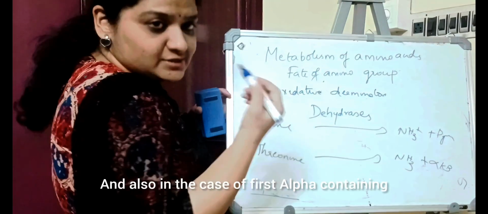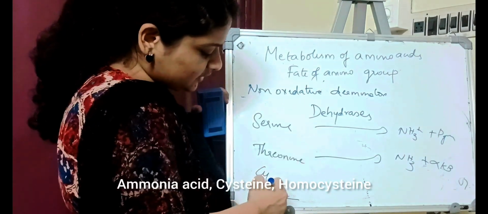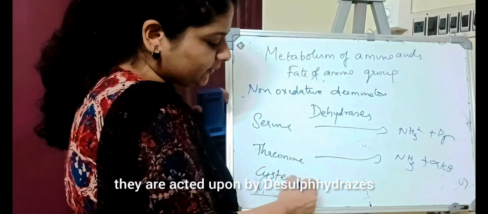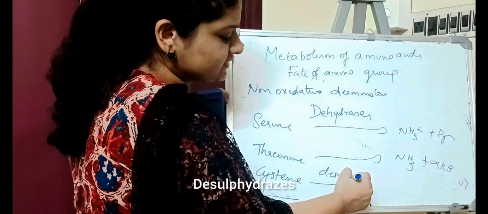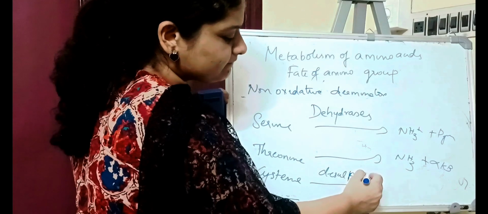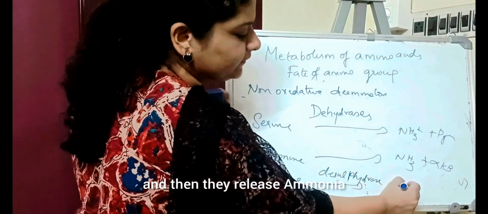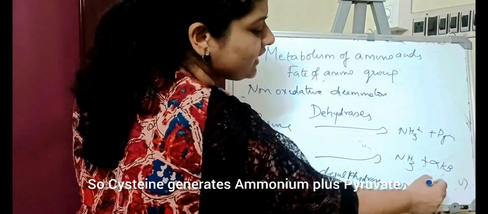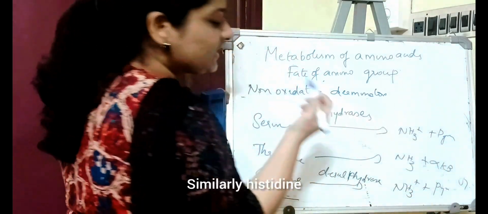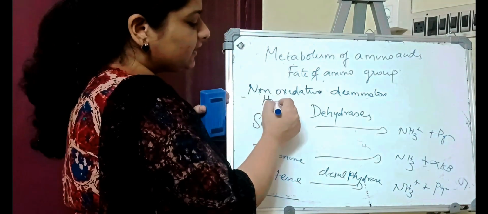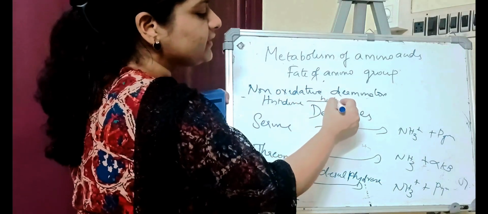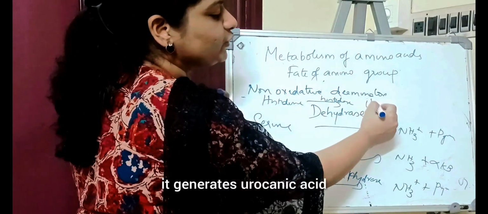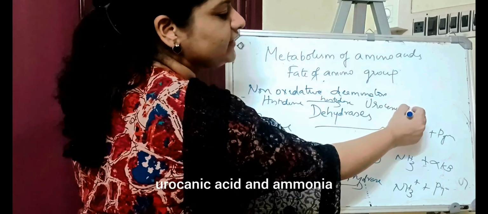And in the case of sulfur-containing amino acids, cysteine and homocysteine, they are acted upon by desulfhydrases and then they release ammonia. So cysteine generates ammonia plus pyruvate. Similarly, histidine is acted upon by the histidase enzyme, and it generates urocanic acid and ammonia.